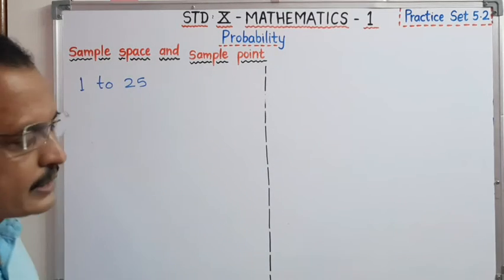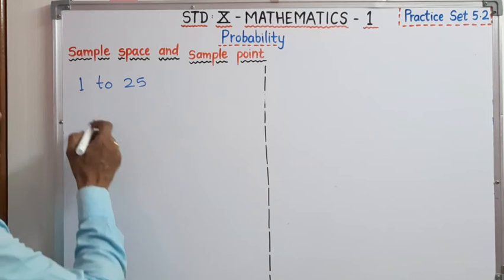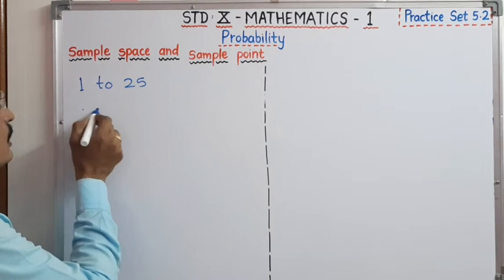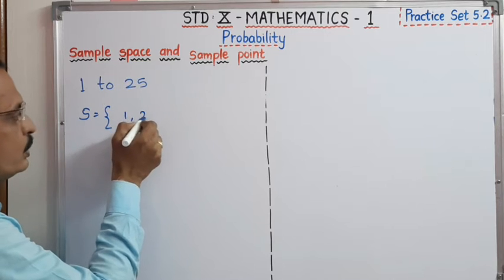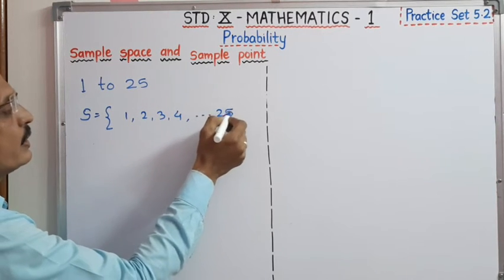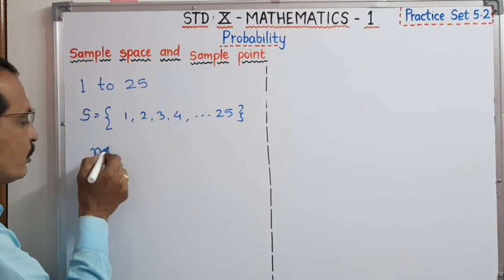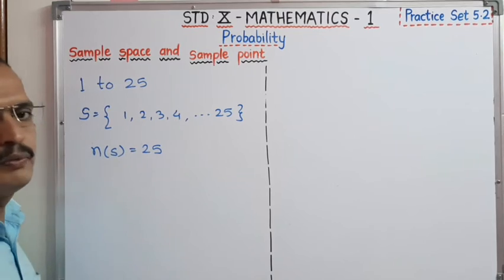Total 25 cards are there, and from that we have to choose one card randomly. For that, the sample space will be 1, 2, 3, 4, and so on up to 25, and therefore the number of sample points n(S) will be 25.